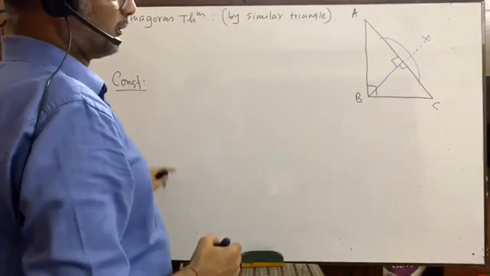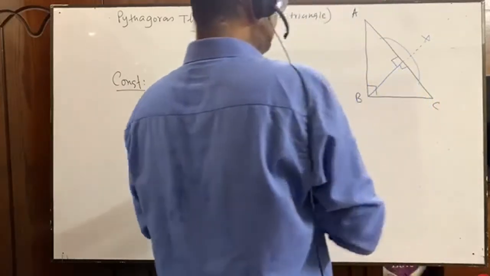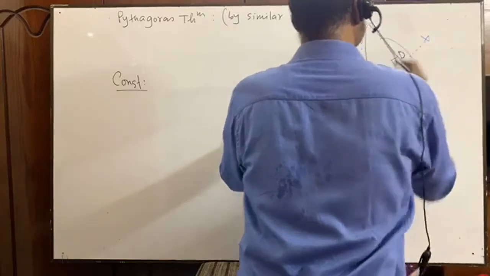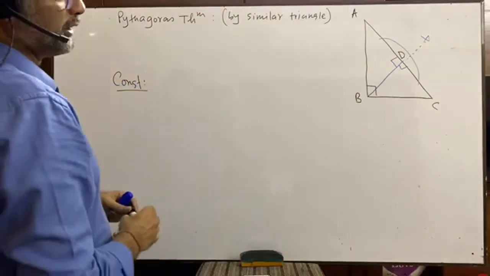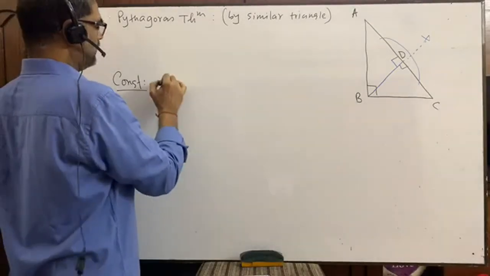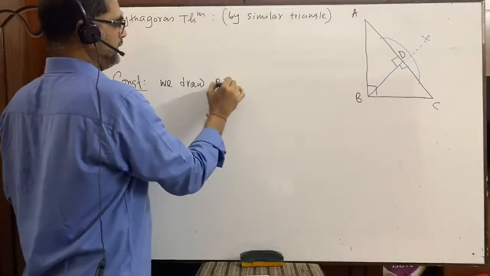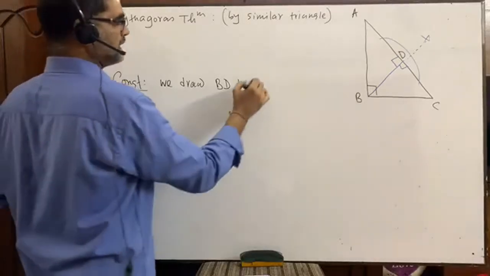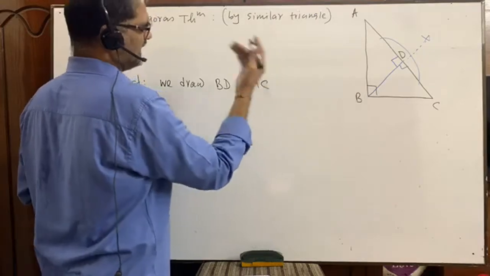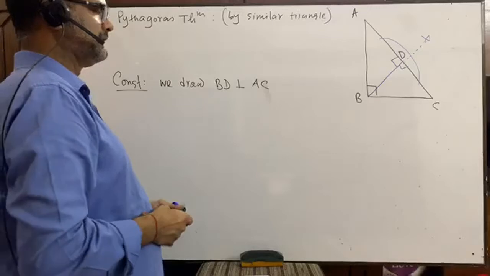I have drawn a perpendicular and suppose its name is D. Write down: we draw BD perpendicular AC. Very easy and simple. No need to write from the point B on AC, it is sufficient to write: we draw BD perpendicular AC.